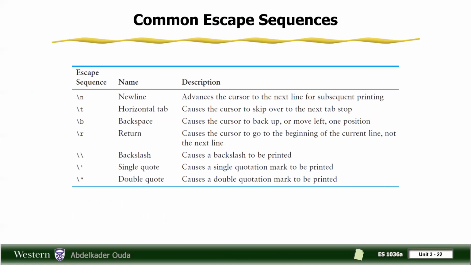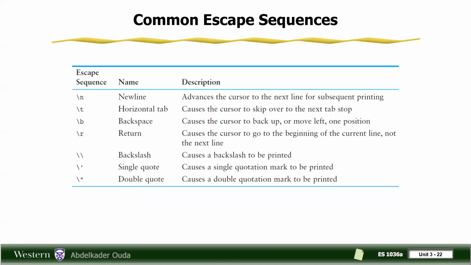So we have different escape sequence symbols. \n is a new line. \t gives a horizontal tab between 2 strings. \b is a backspace. \r is a return, causing the cursor to go to the beginning of the current line, not the next line.